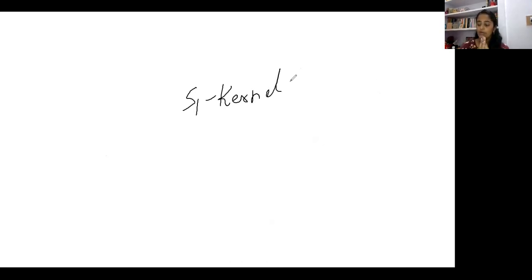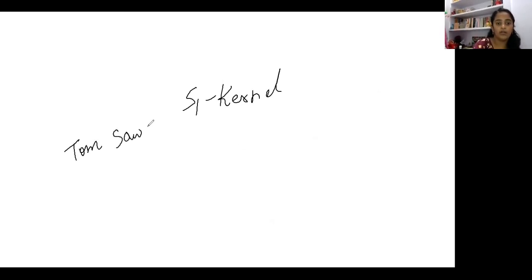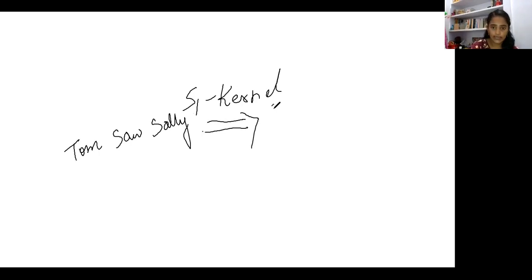Let's look at this sentence. Tom saw Sally. That is a very basic sentence, and I'm going to use the T rule here and make it into passive. What is the passive form? Yes, Sally was seen by Tom.